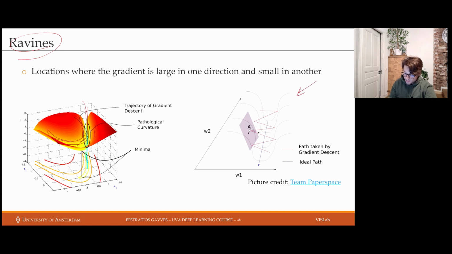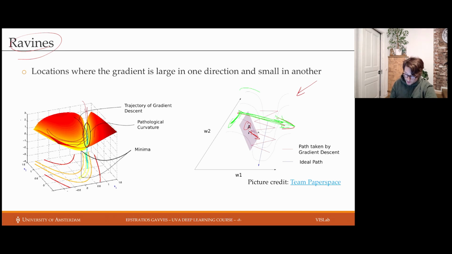And maybe in this picture it's easier to motivate. So in this picture, let's say we are at point A. If we were to take the gradient, it would be something like that, because you've got a large gradient along this direction, and a smaller gradient along this direction, right?